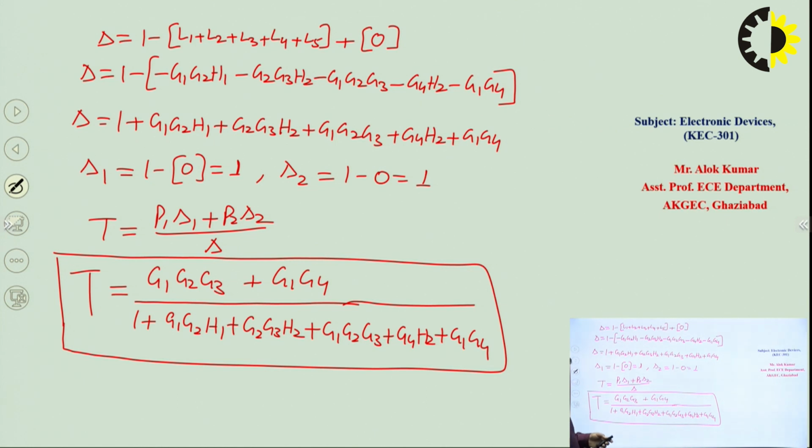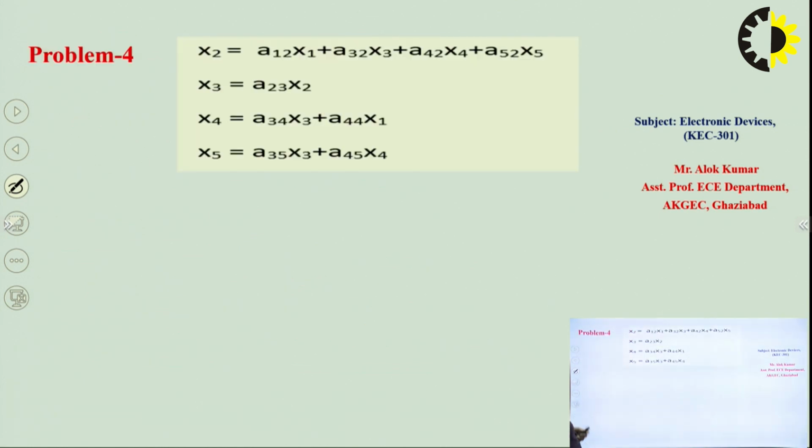Now coming to this problem, the problem is given in the form of equations. First we will draw the signal flow graph using this data, and then we can find the transfer function. We will see how to draw the signal flow graph using these equations. First we identify how many nodes there can be. Nodes are the number of variables or signals available in the system.